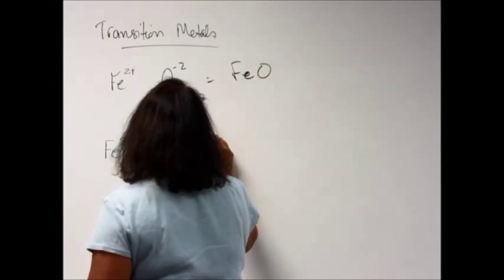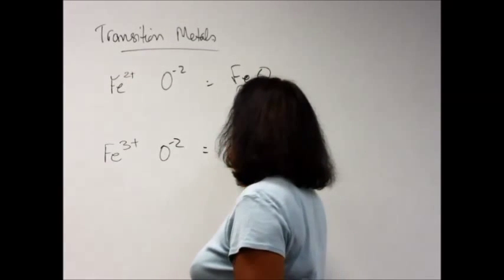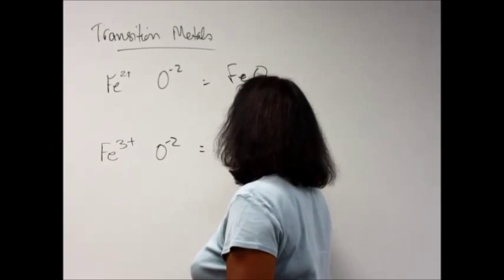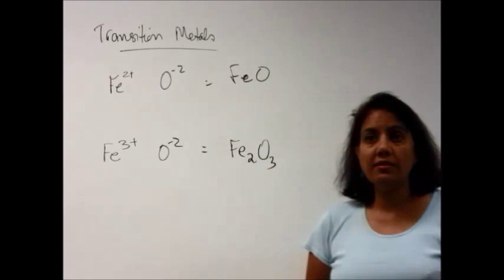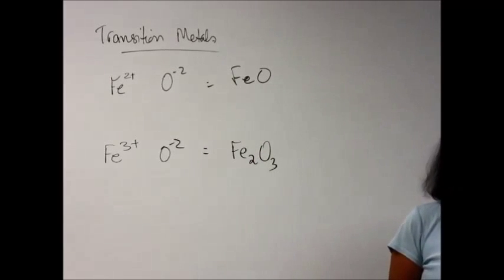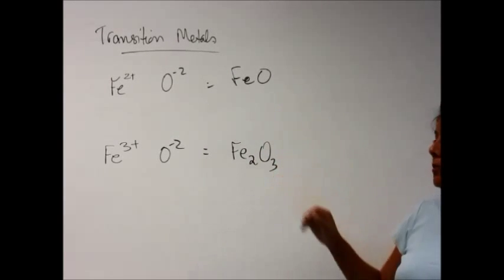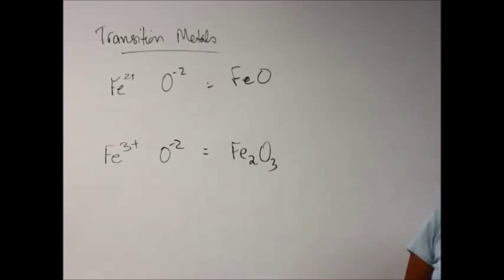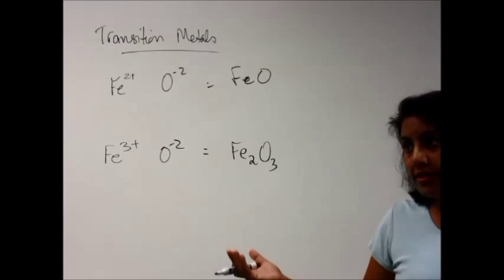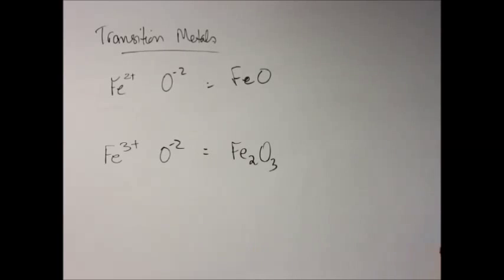And the formula for the second one? Fe2O3. Everybody okay with this? Okay. So FeO and Fe2O3 both of them are, as you would say, iron oxide. So if I'm asking you to write the name or the formula for iron oxide, which one do you pick? Because then you don't know which one to pick.